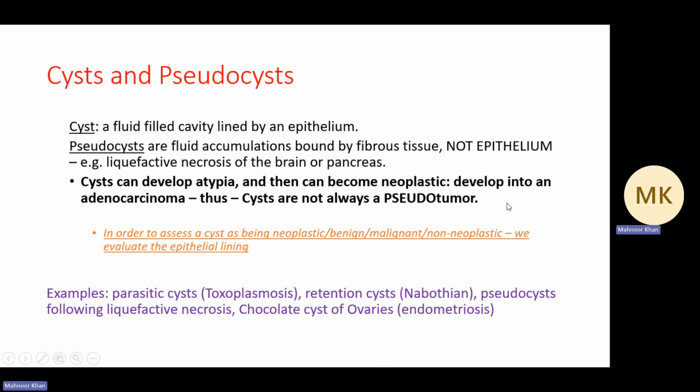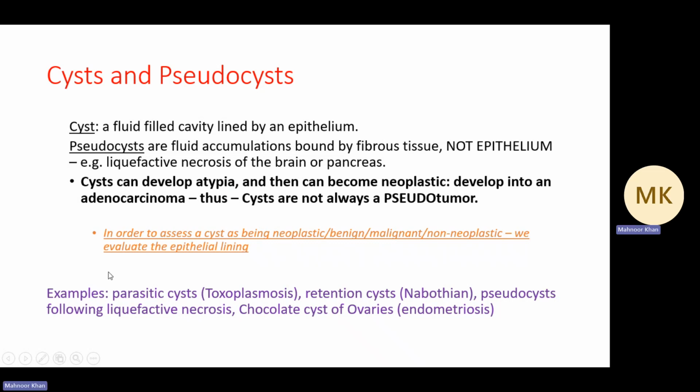Like I said in the beginning, any mass should be examined and diagnosed properly, whether it is a pseudotumor or a neoplasia for sure. And how do we assess if a cyst is a neoplasia, benign, malignant, or non-neoplastic, innocent? We need to evaluate the epithelial lining. That is how we diagnose whether a cyst is innocent or not.